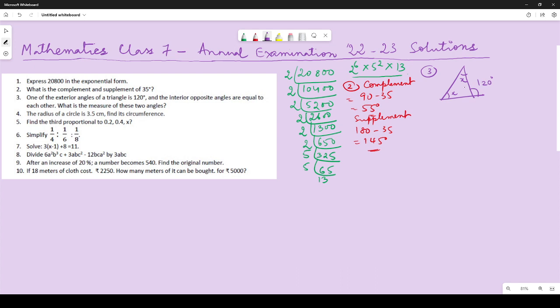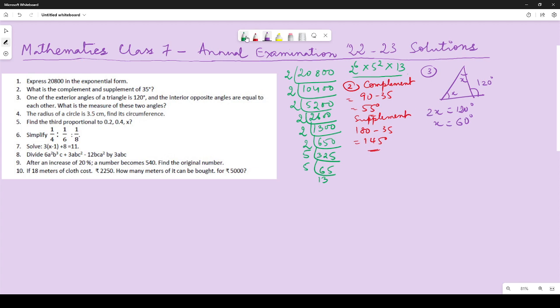What is the measure of these two angles? So we know that the sum of the two interior opposite angles is equal to the exterior angle. This means 2x is equal to 120 degrees and x is equal to 60 degrees. So each of these angles will measure 60 degrees each.